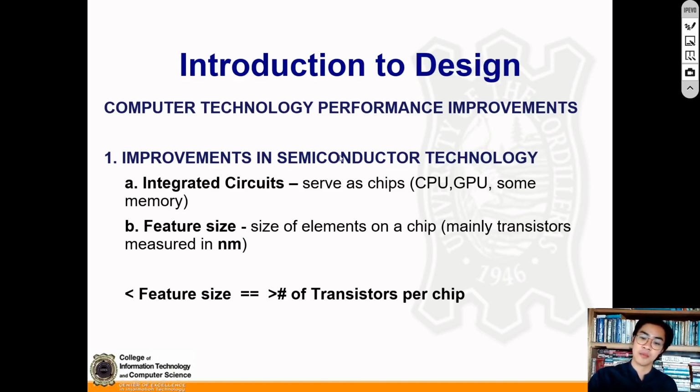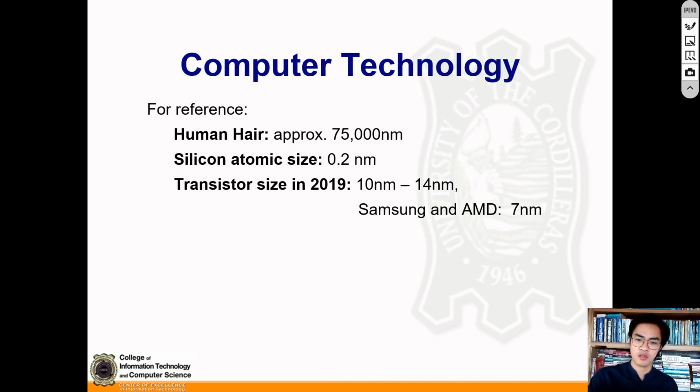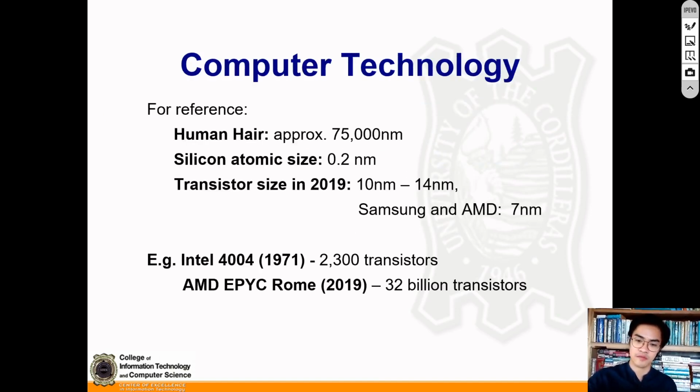Semiconductor companies continue research on minimizing the feature size, and if these experiments and research are successful, they have an increased number of transistors that they can insert per chip. And if you have a multiprocessor, then all of the cores are considered as one chip as well, which is why it's not impossible for you to have 32 billion transistors.